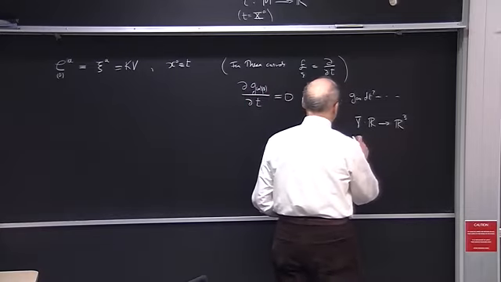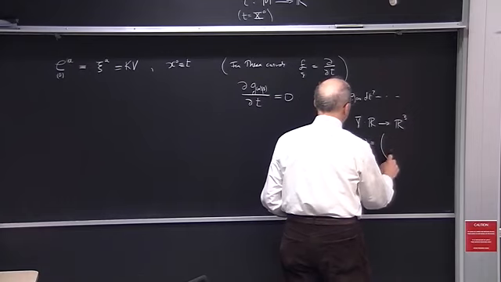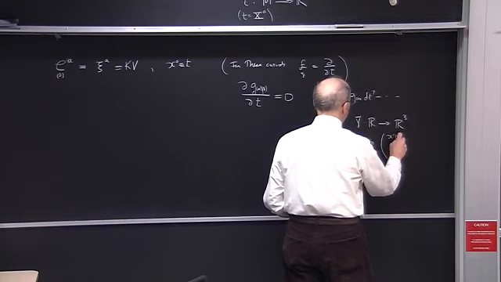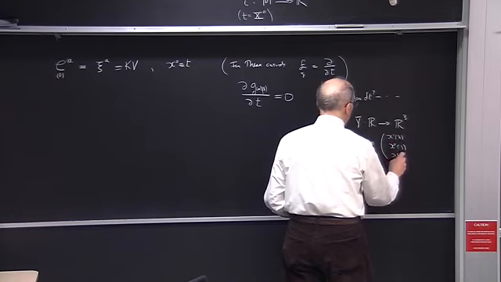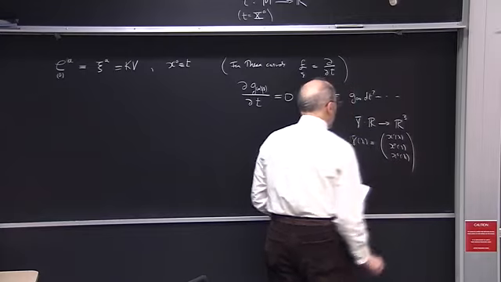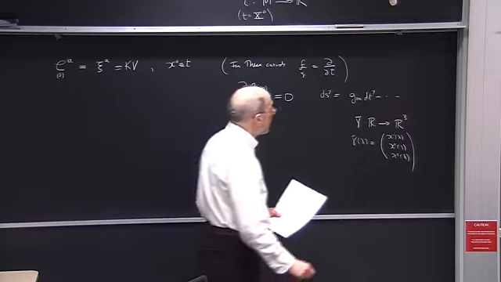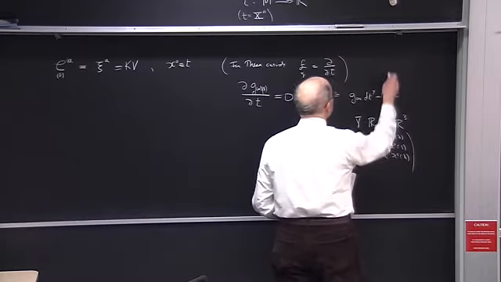Gamma bar of lambda will just equal x1 of lambda, x2 of lambda, and x3 of lambda. It's just a set of three numbers. But what are these three numbers?